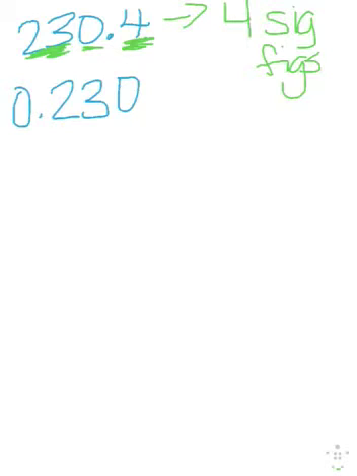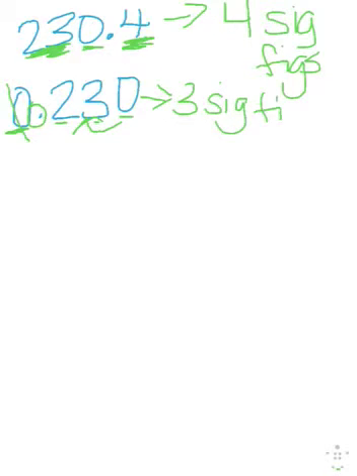The first 0 doesn't count because it's leading. And then we have 2 and 3, which are going to count because these guys are non-zero digits. And then this one, there's a decimal somewhere in that number, and it is behind a non-zero digit. So we have 3 sig figs.